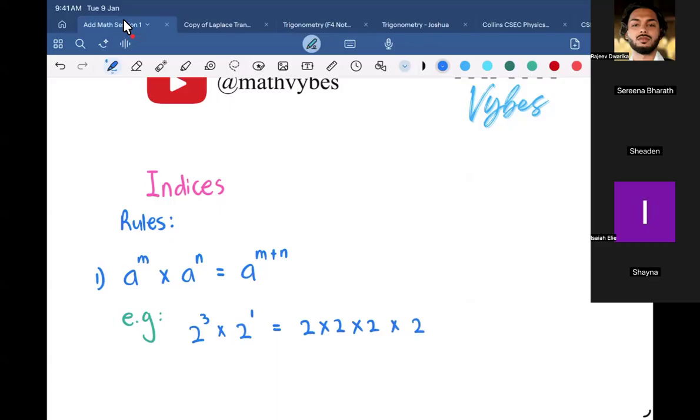Yes, sir. So 2 to the power 3 means you have 2 by itself 3 times, and over here you have 2 by itself 1 time. So if you're multiplying and you have the same base, you end up with 2 multiplied by itself 4 times. Do you understand why you would add the powers? Yes, sir. Cool.